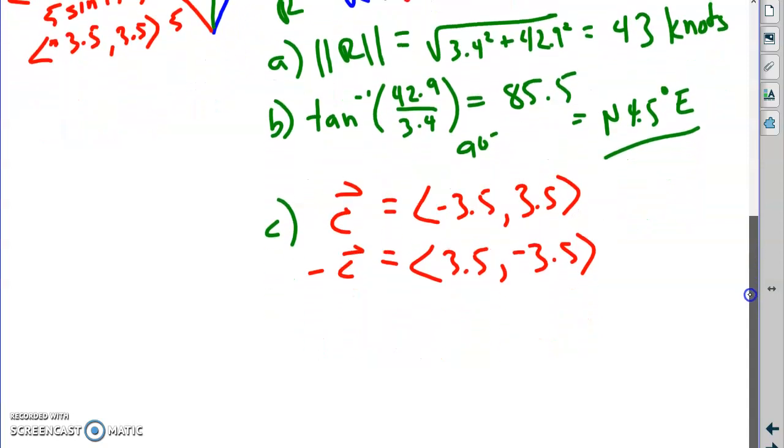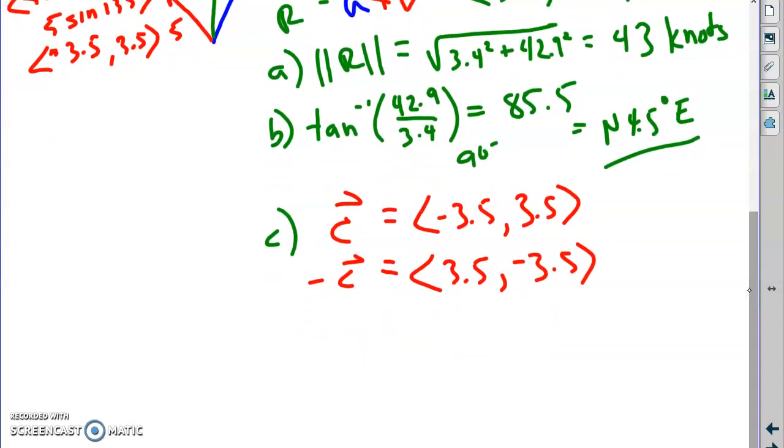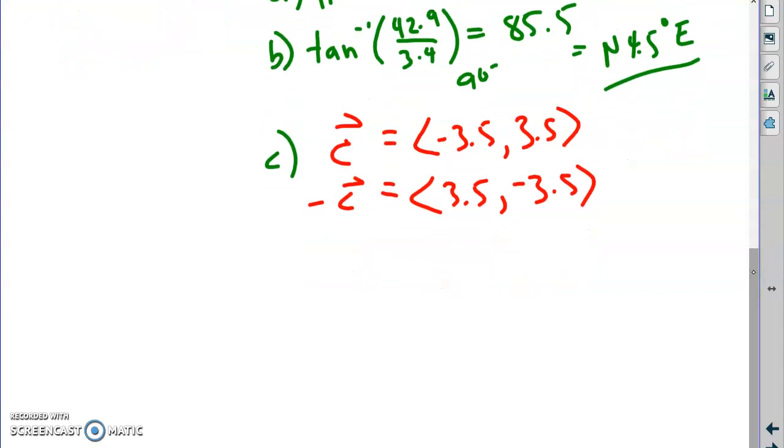We would then just simply add that -c to the original ship vector, and that would give us our compensation vector where we would aim. Good place to call it for today. We'll pick up one more day, day 9, on some final applications of our vector knowledge. Thanks, guys.